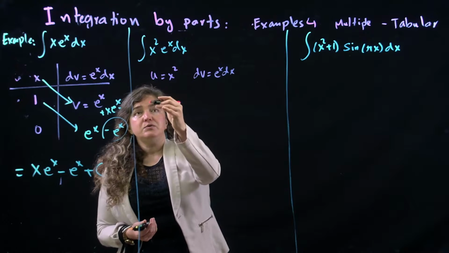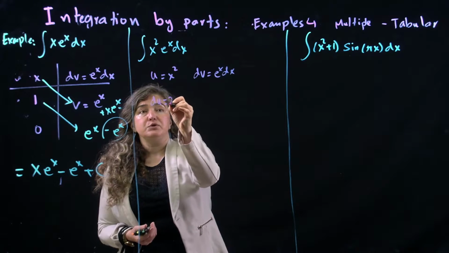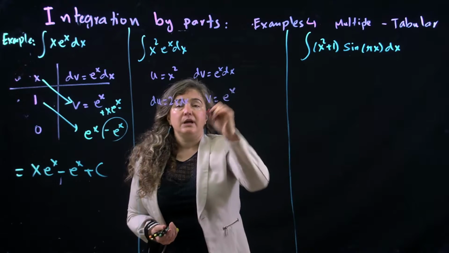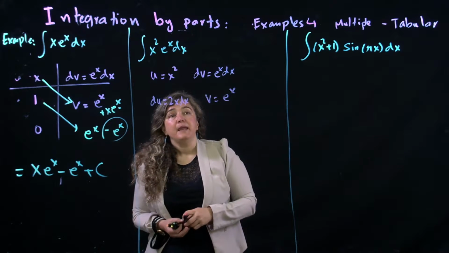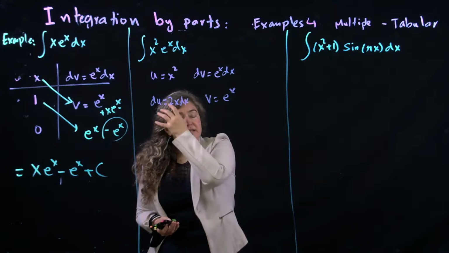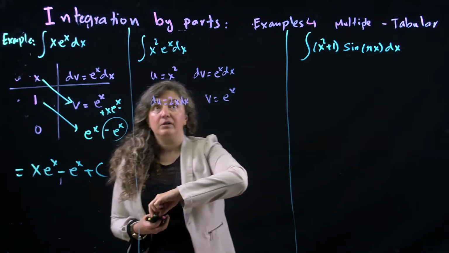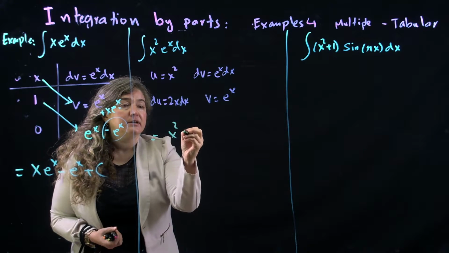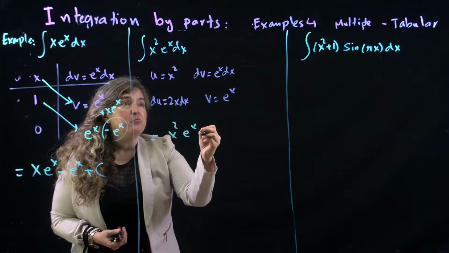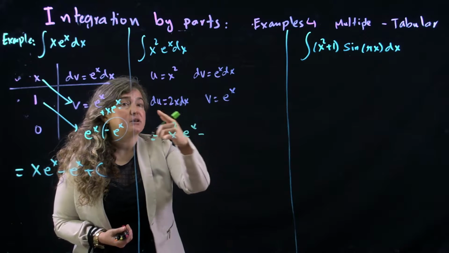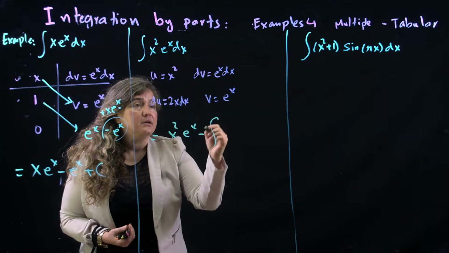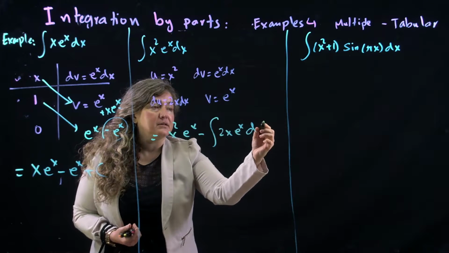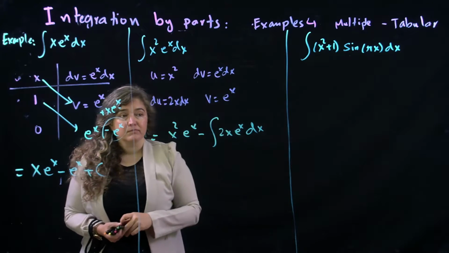But then when I do this, I get du equal to 2x dx and v equal to e to the x, right? At this point, if I write down the integral, I will end up with x squared e to the x minus the antiderivative of the second line, which is 2x e to the x dx.